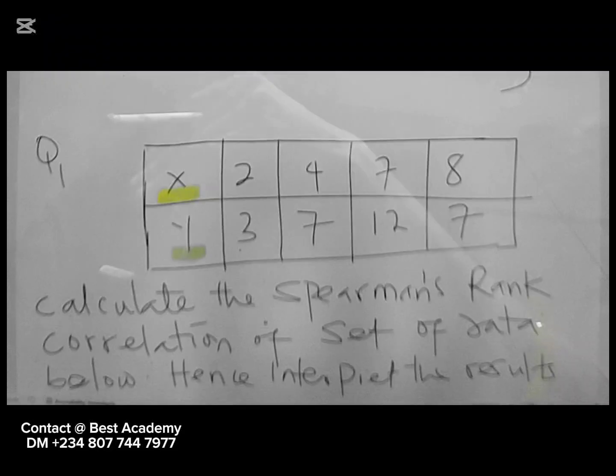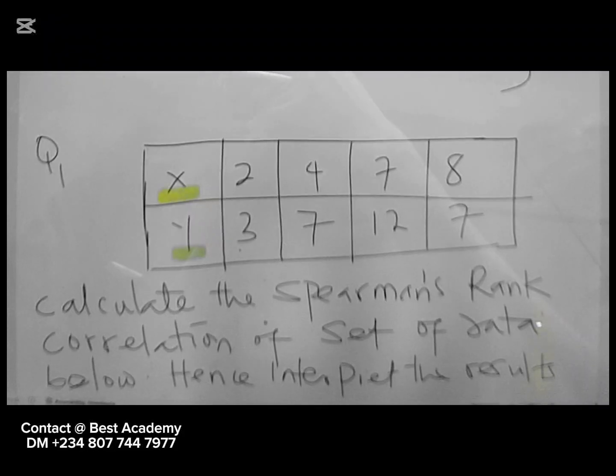In case you have not watched the video for Pearson product moment correlation, please try to do that. Please take note of that. The interpretation remains the same. Both the Pearson product moment correlation and Spearman's ranking correlation, their interpretation is the same.